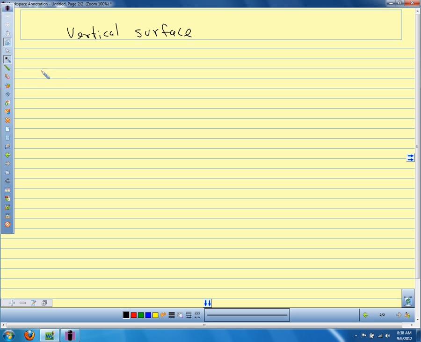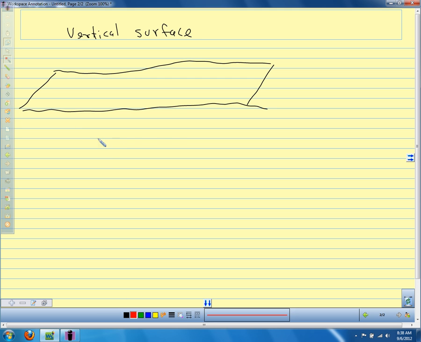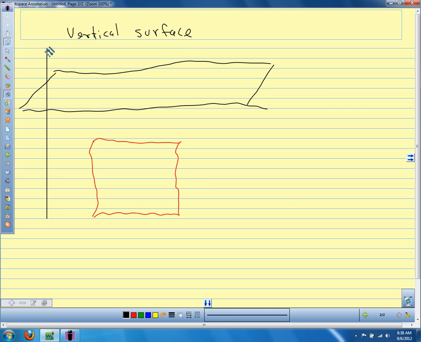And here we're going to say this is the surface of our liquid. And we have some surface down here. It has some shape. So here's our surface immersed in this liquid. So what I'm going to do is put my y-axis here and say this is my y-axis.